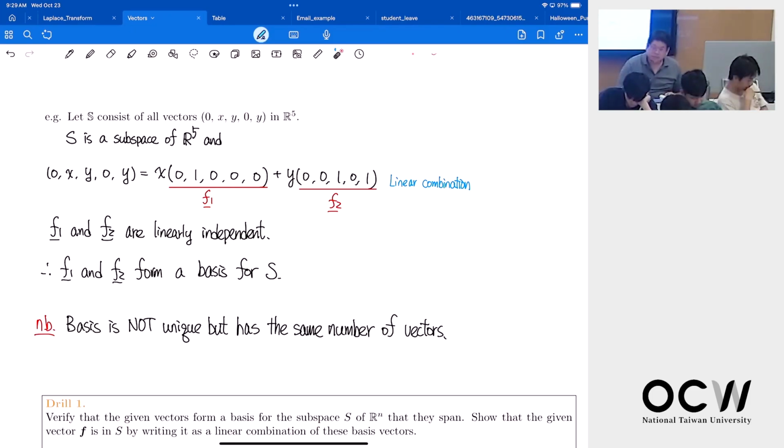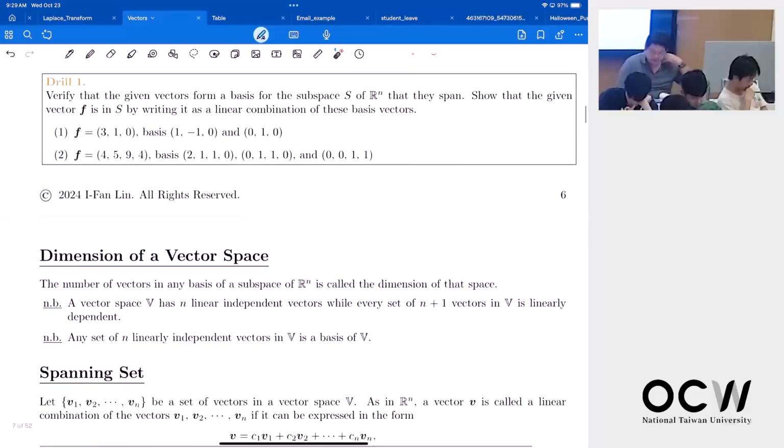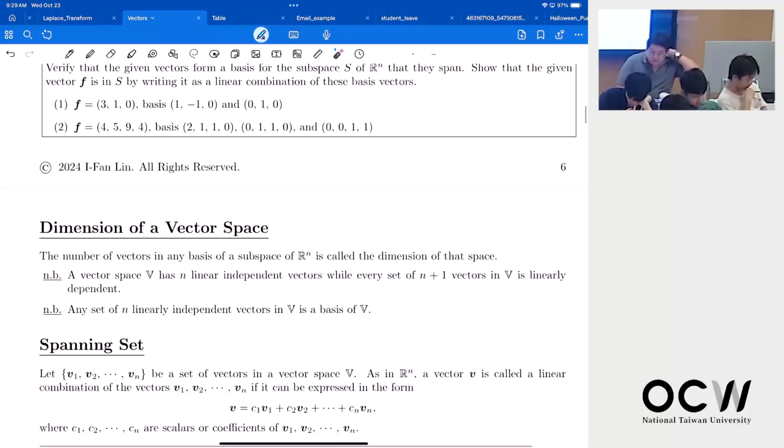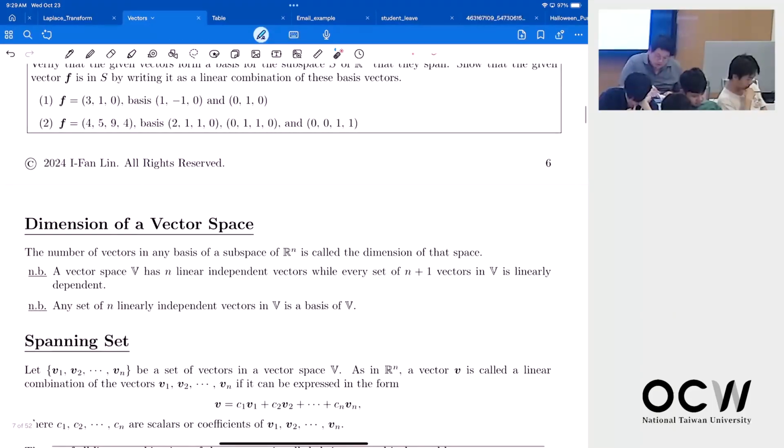Next one. Let's see what is the dimension of a vector space. So the dimension is a number. Number of what? Number of vectors in any basis of a subspace of Rn. That is called the dimension of that space.